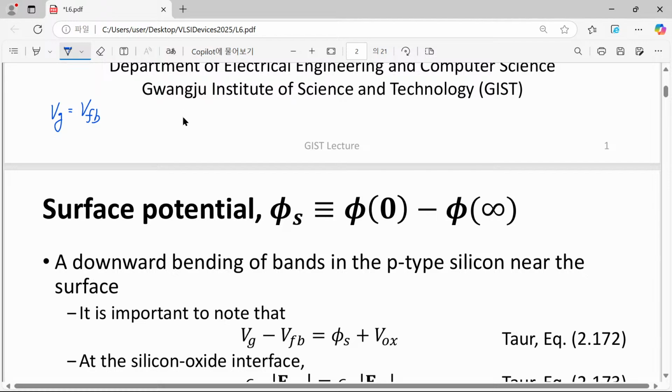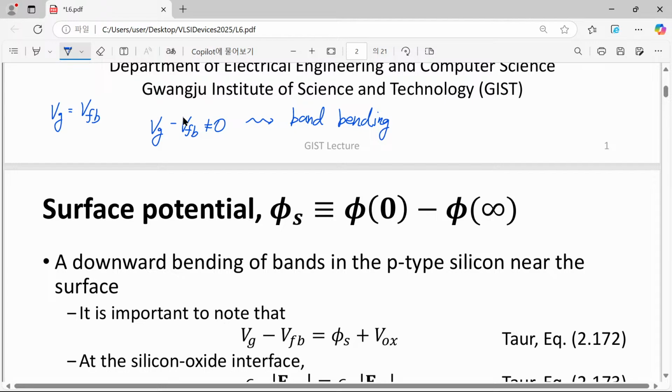So if we apply a certain gate bias voltage which deviates from the flat band voltage, then since we have additional voltage on the gate side, this corresponds to the bending of our electron energy band.